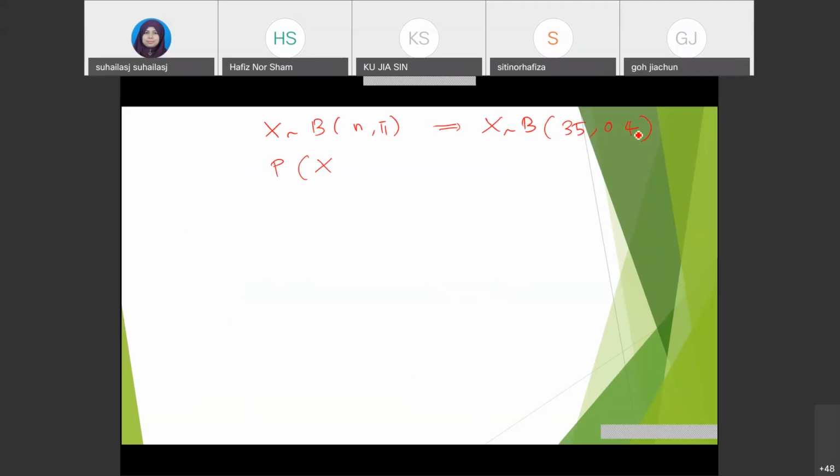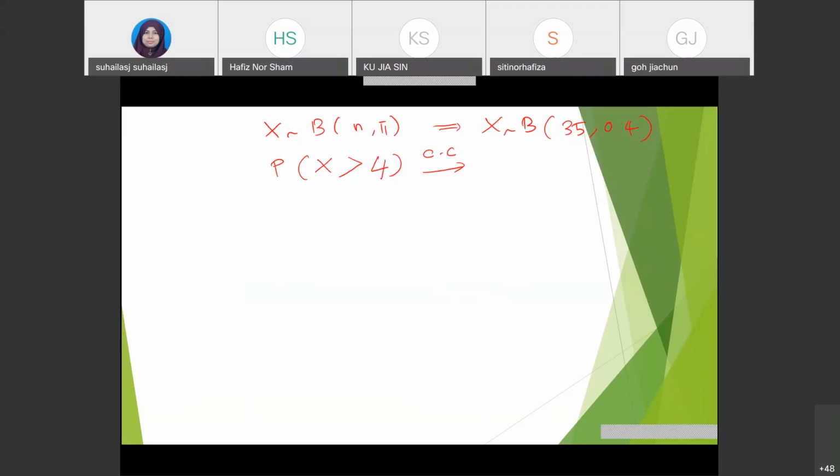So now your n is greater than 30, so what we need to do is to use normal approximation. Say you want to find the probability X greater than 4. When you have the continuity correction factor, X is binomial with n and pi, and we want to change to normal since n is greater than 30, so we use normal approximation.